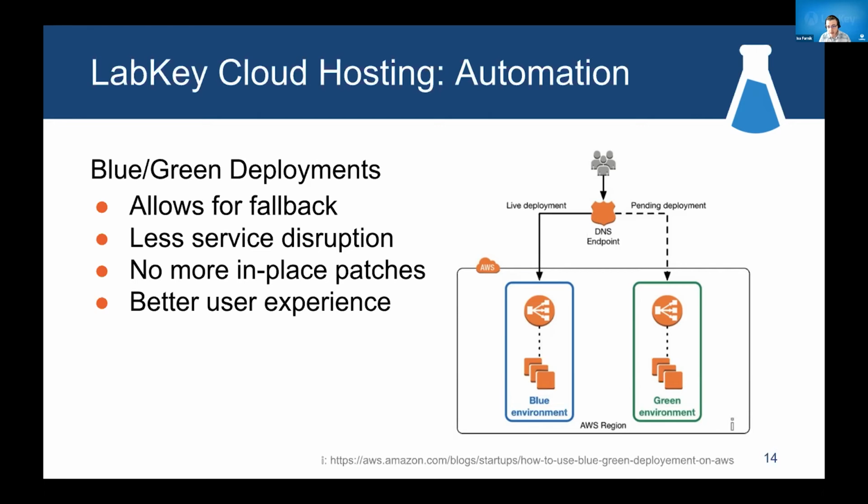It also causes less service disruption, because the only service disruption you actually have is when you're transitioning traffic from the old instance to the new instance, rather than having to turn everything off, stand up a new copy, and then route traffic to that copy. Another advantage of having a blue-green deployment model, which I've already talked about a little bit, is no more in-place patches.